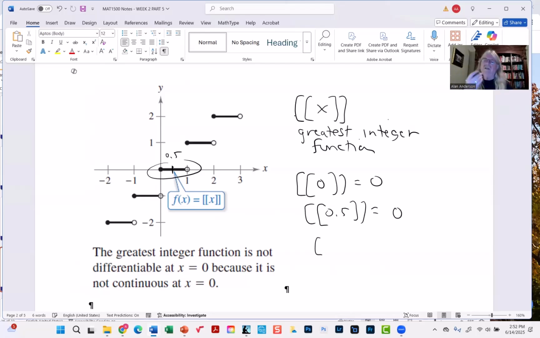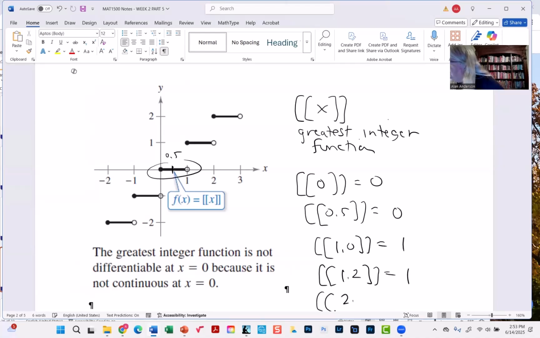So think of it as the greatest integer that is not greater than that number. Okay. So in other words, in order to get up to 1, from that point on, we need to get it all the way up to 2 to reach the next step, I guess you could call it.